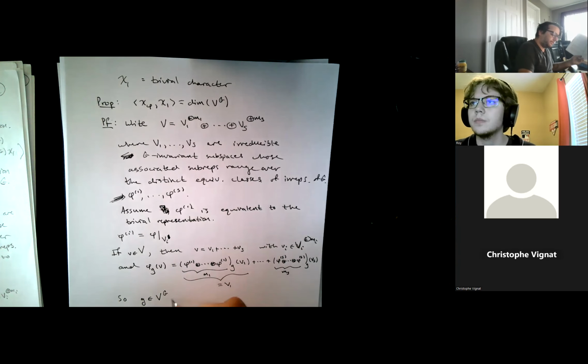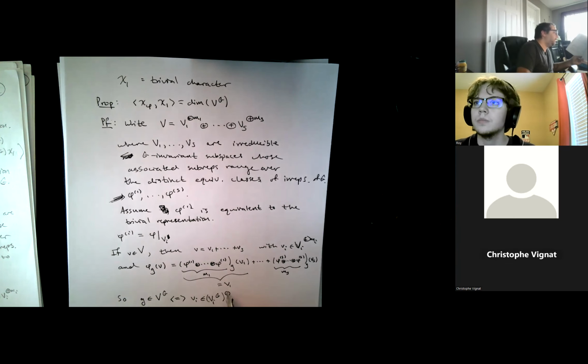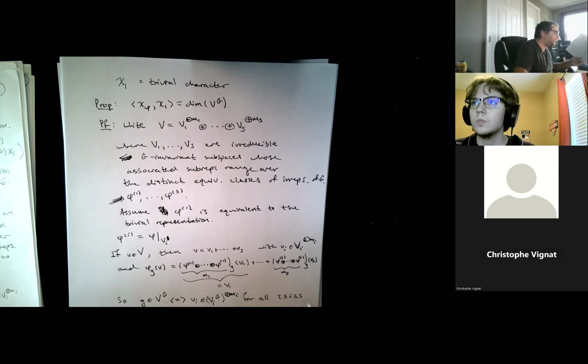If and only if vi is in Vi^G direct sum with itself mi times for all 1 less than or equal to i less than or equal to s.